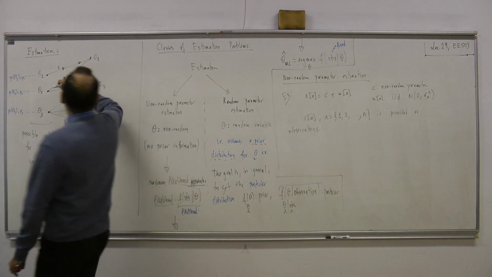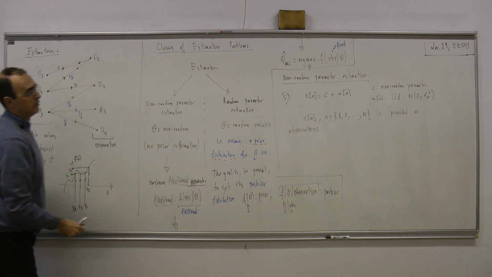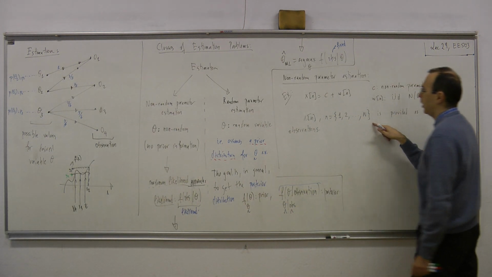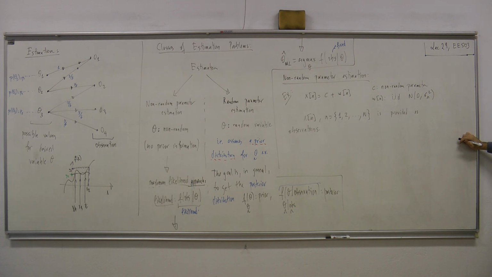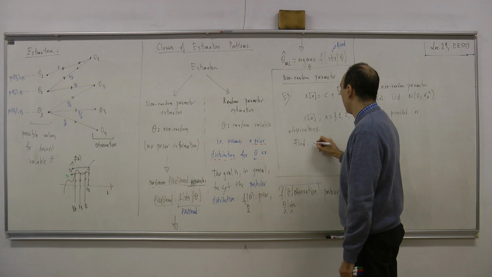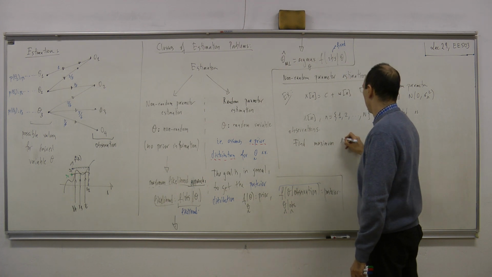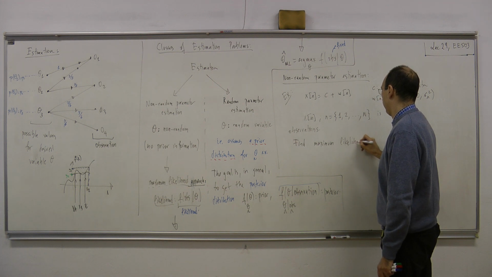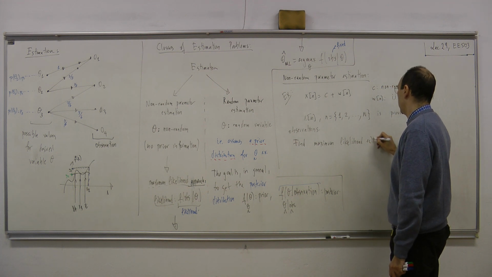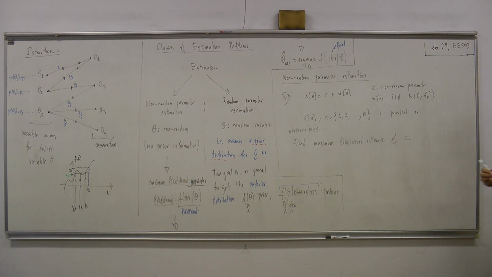Now these observations are a vector, because I have N of those observations. Now the question is, find the maximum likelihood estimate of c.